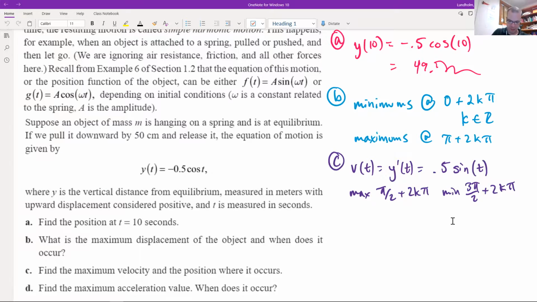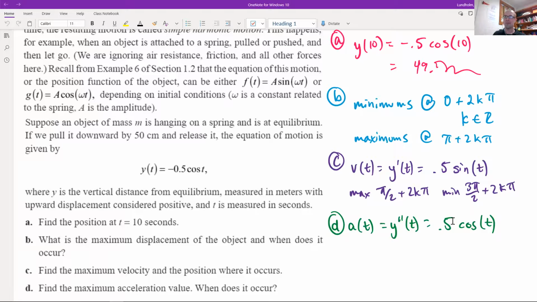But to do the maximum acceleration, we would, again, take another derivative. So maybe we call this a of t, and that would be y double prime. And so we're taking the derivative of what we got right there, 0.5 cosine of t, because the derivative of sine is just cosine.